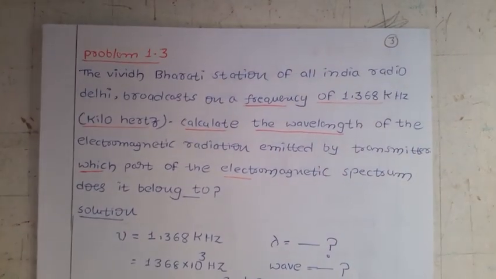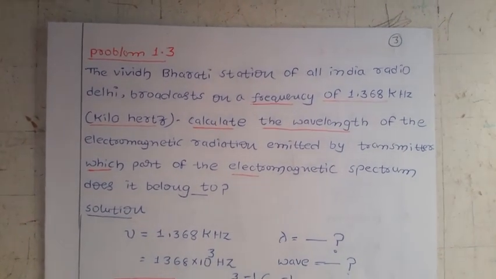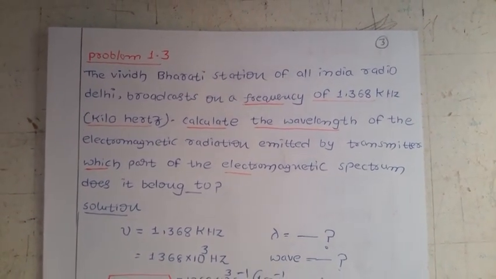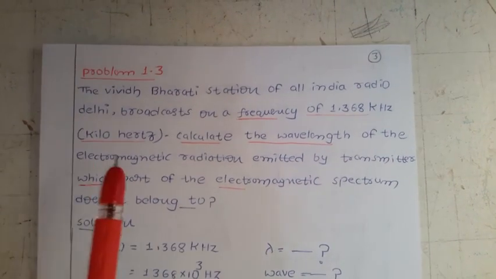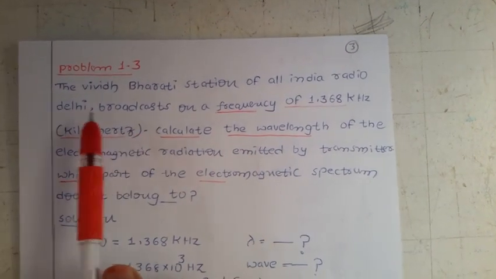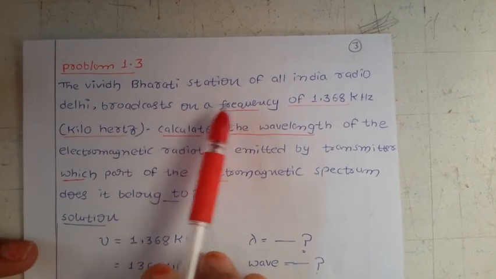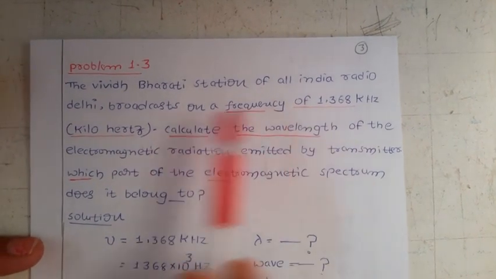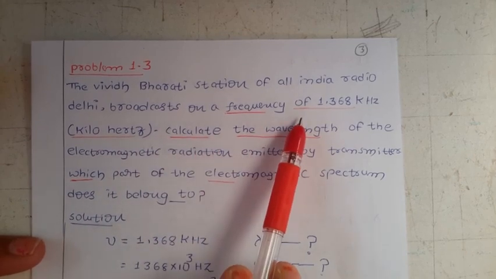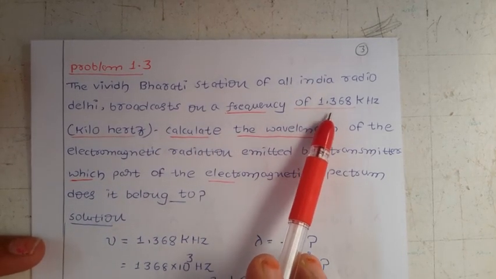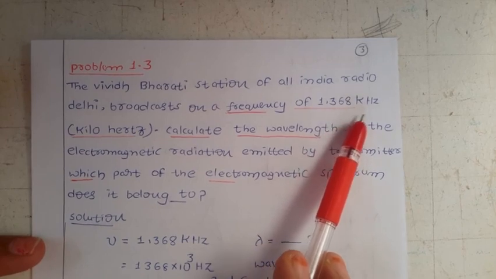Now, numericals on electromagnetic radiations. These are the in-text questions. First we have problem number 1.3. What is the given question? The Vivid Bharati station of All India Radio, Delhi, broadcasts on a frequency of 1368 kilohertz.